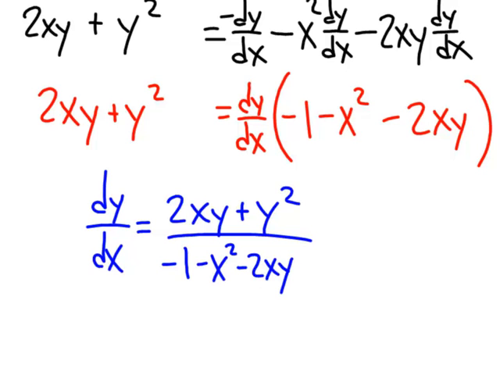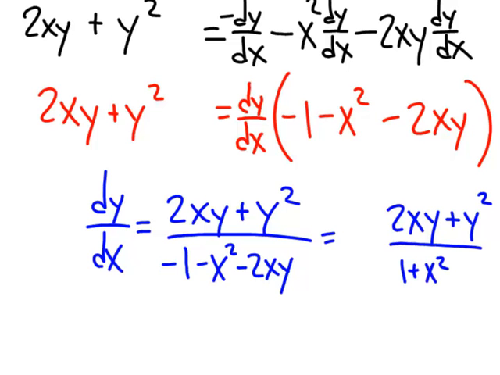And if I prefer, which I kind of do here, it's a somewhat arbitrary choice, but since I see all those negatives down on the bottom, I'm going to factor that negative out. Watch how I do this. I'm not saying it's absolutely necessary, but if I have 2xy plus y squared on the top, I'm going to factor out a -1 on the bottom, leaving a 1 plus x squared plus 2xy.